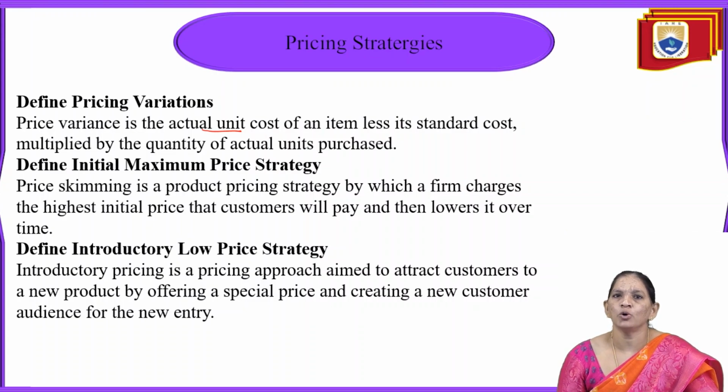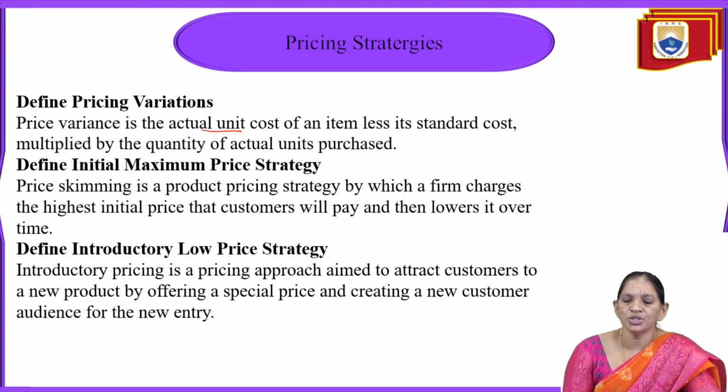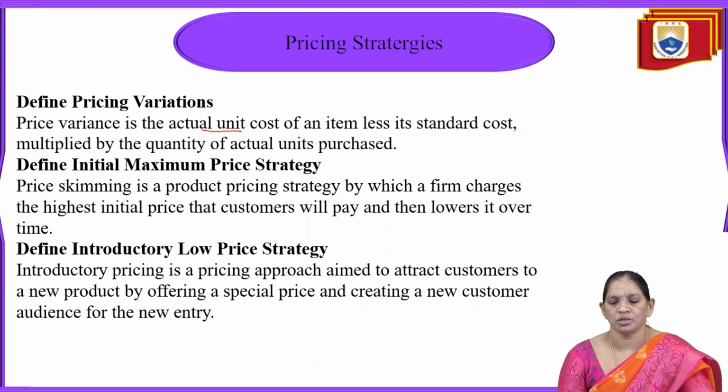The standard cost is already set. When it is multiplied with the quantity of actual units purchased, we can identify the difference between the actual unit cost and the standard unit cost, which we consider as price variation.